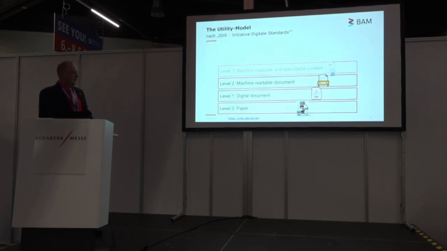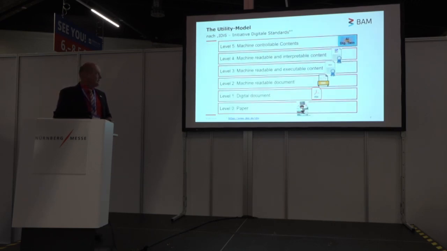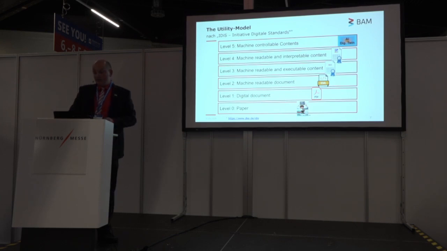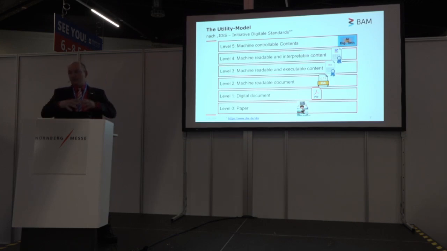And that's why we are establishing the DCCs in our lab. PTB has done the major work and the foundation of this together with others. So it's a globally harmonized system. The PTB has created a schema, an XML schema for machine-readable content of calibration certificates. And this makes up level 3 in this utility model of the machine interpretability of the content in a document.